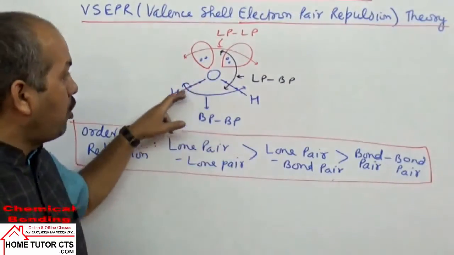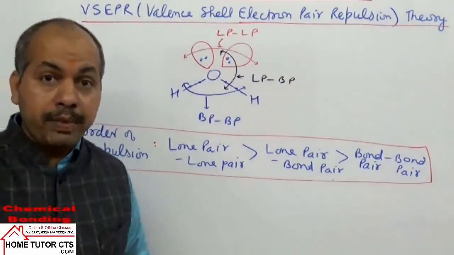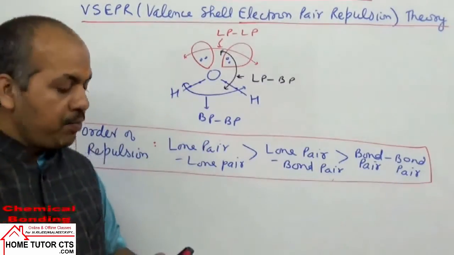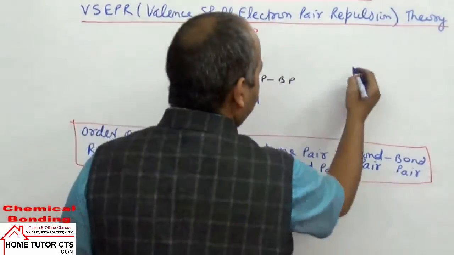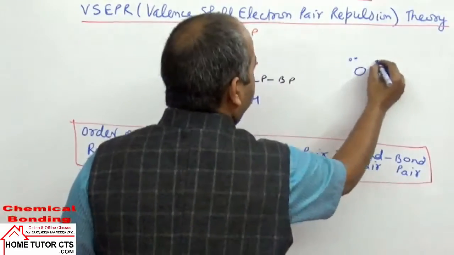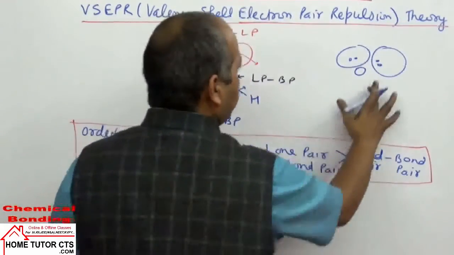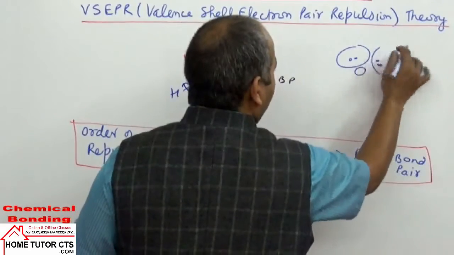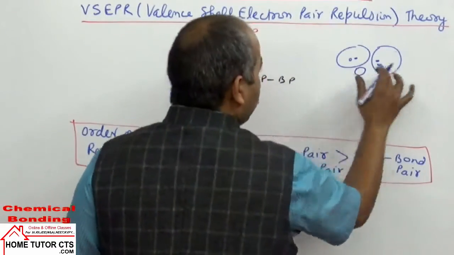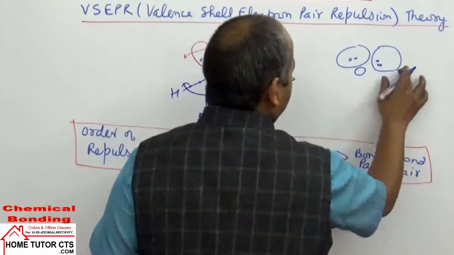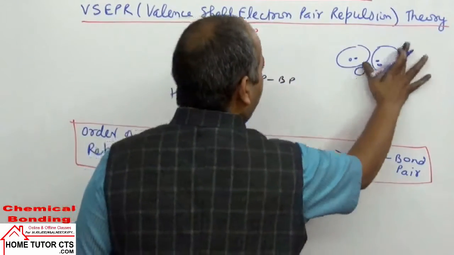So as compared to the bond pair, the lone pair will occupy more space on the central atom. It is almost acquiring a spherical electron cloud. If I just draw once again, these are lone pairs. They almost have a spherical electron cloud around the central atom because attraction is less for the lone pair, as they have attraction by a single nucleus or only one atom's nucleus.